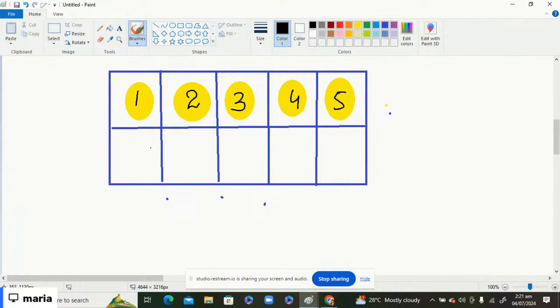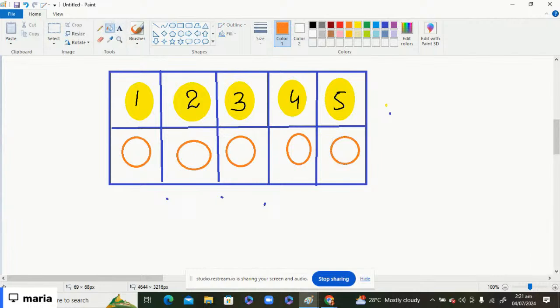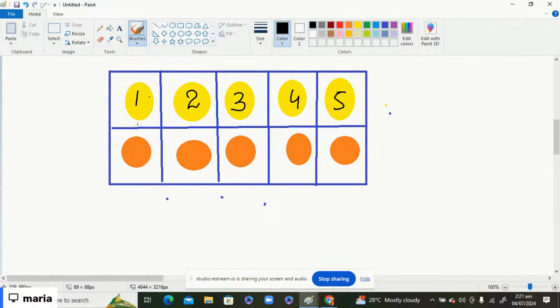It means that you are going to draw the dot in this frame, in this one, in this one, in this one, and in this one. All of it. So, how many total are there? It's five. Here, let's just count.